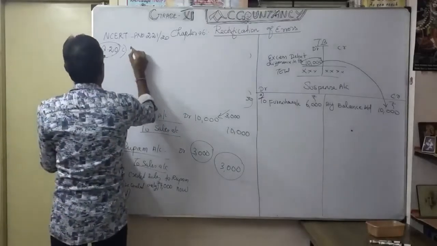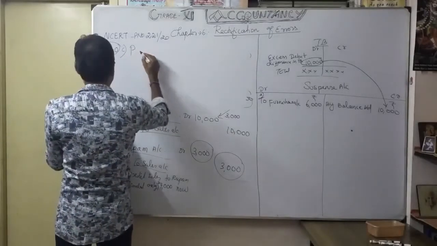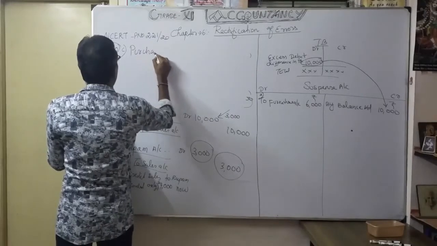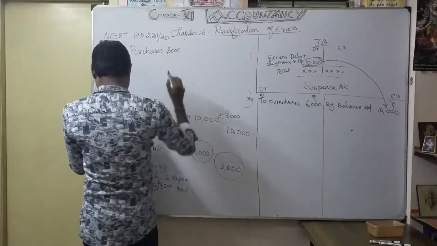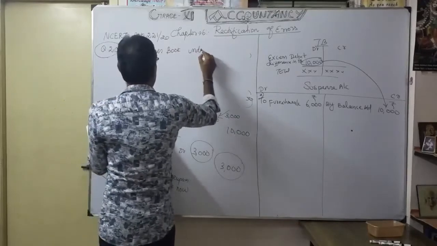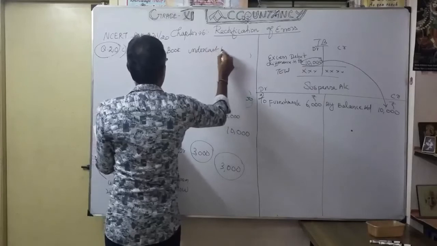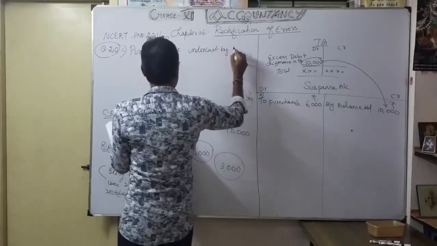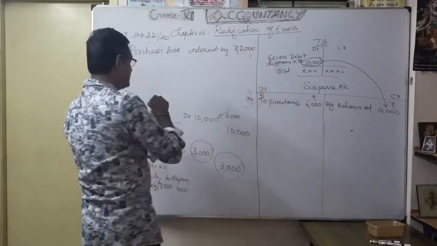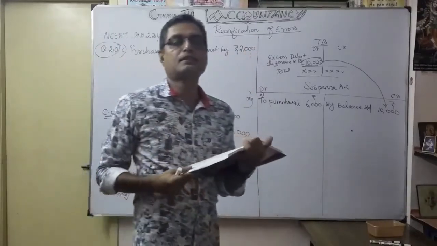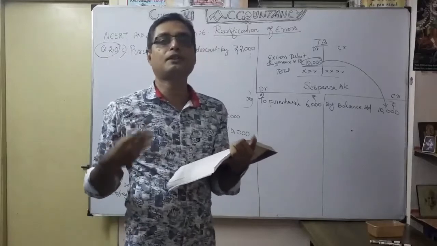As you see, purchases book under cost by how much? 2,000. So here what happened? As a one-side error, whatever the purchases, you are going to give the effect in where? Purchase account.